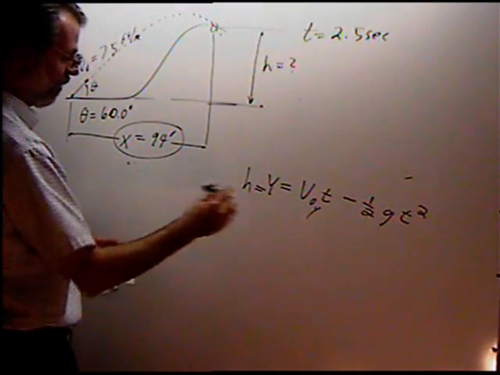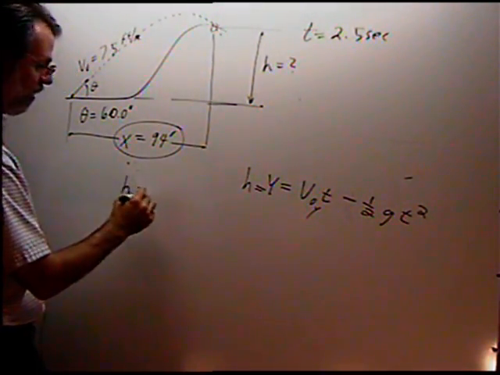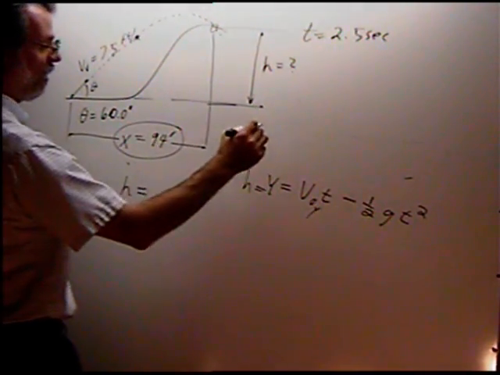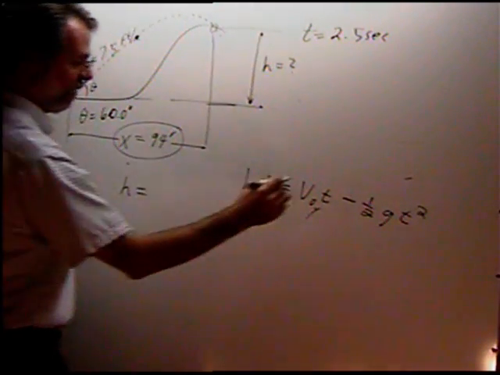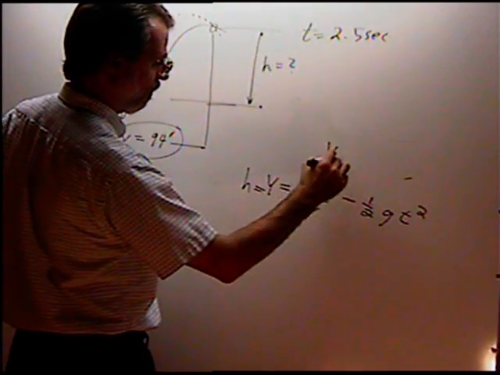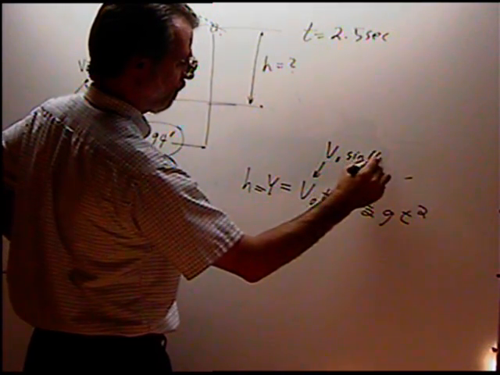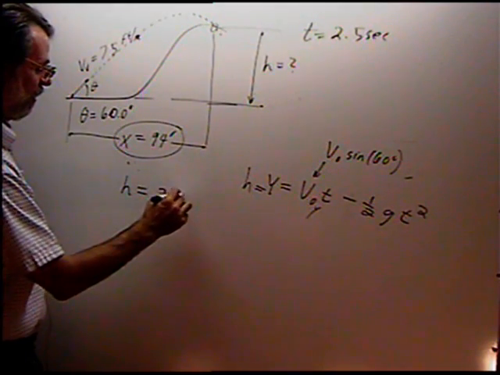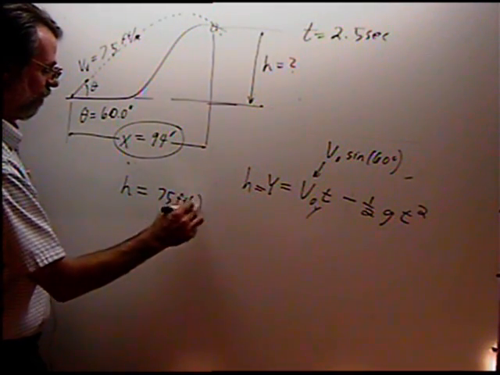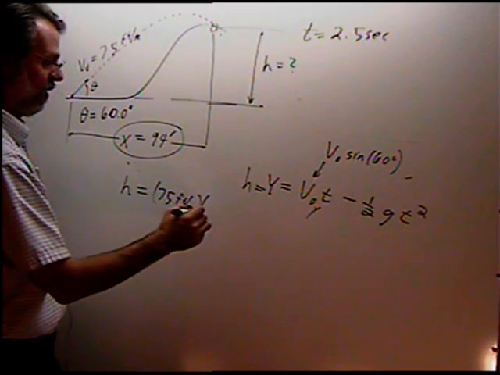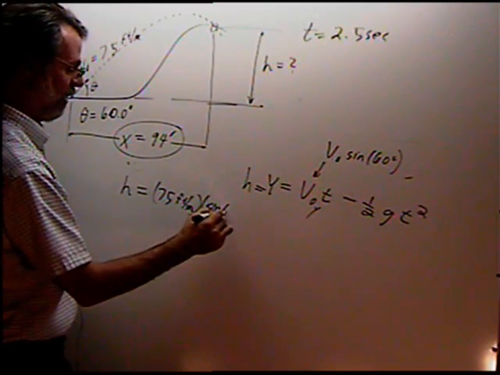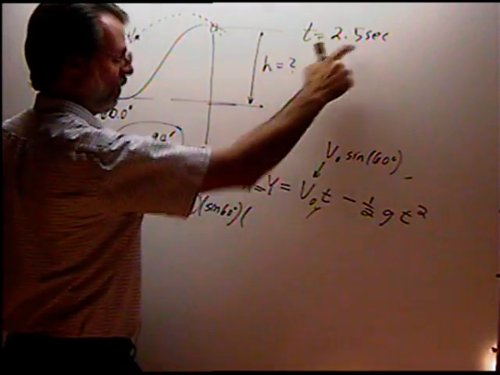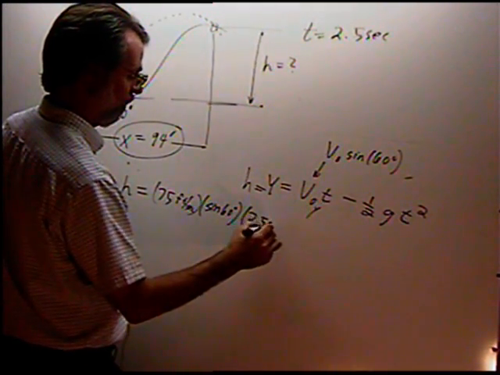We can now plug this into here, and we get h equals the initial velocity in the y dimension, which is V0 times the sine of 60 degrees. So we have 75 feet per second times sine of 60 degrees times 2.5 seconds.